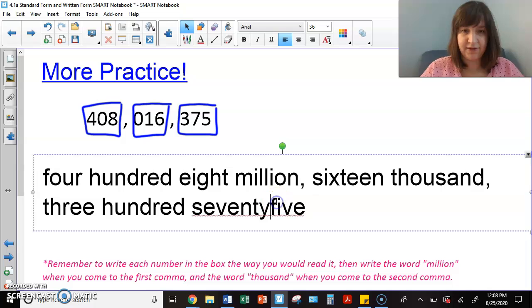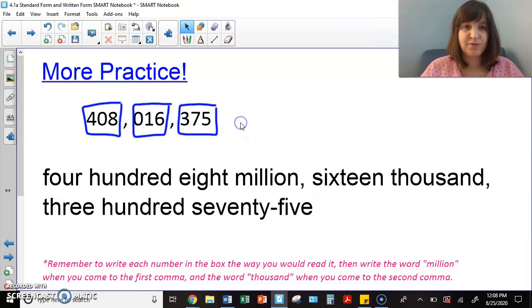So now my number altogether is 408,016,375, which sounds like a lot altogether, but when you break it apart into boxes and you say box, comma, box, comma, box, if you follow that pattern, it makes it easier to write it down.